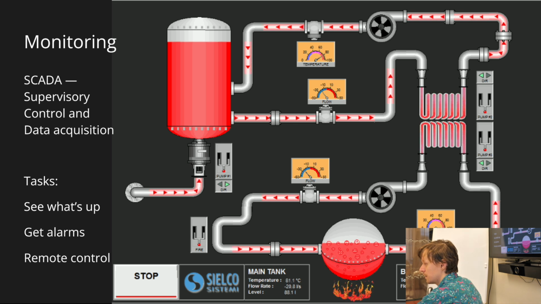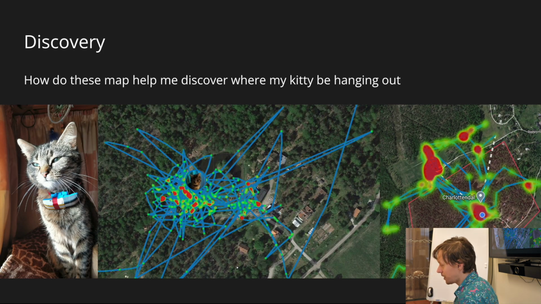Another example. This is my kitty, and I put a GPS tracker on her so that I can see where she goes out on the farm and bullies other cats. This is our farm, and this is how she travels in one day, and this is how she traveled over a few days.